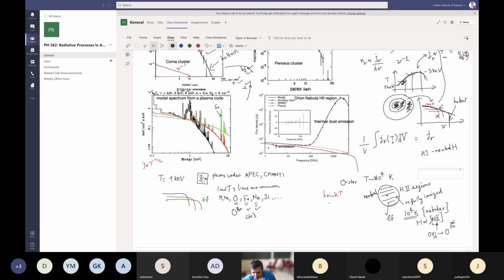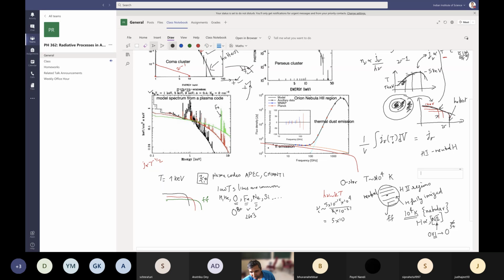Let's see. T is 10 to the 4. k_B is 10 to the minus 16. h is 6 times 10 to the minus 27. This is where the nu cutoff should happen. So this is 0.5, equal to 5 times 10 to the 11.